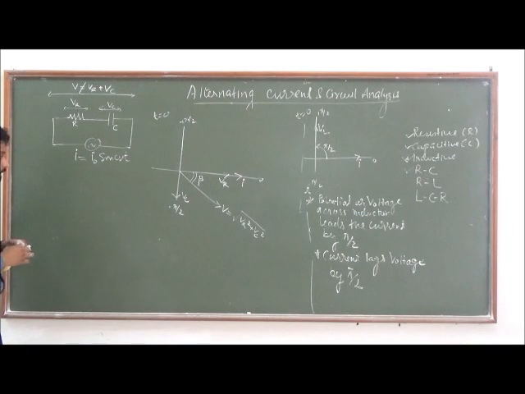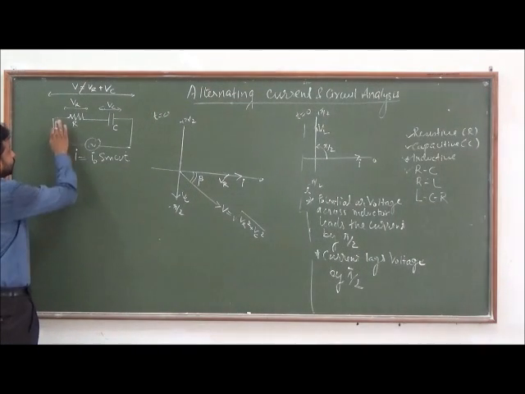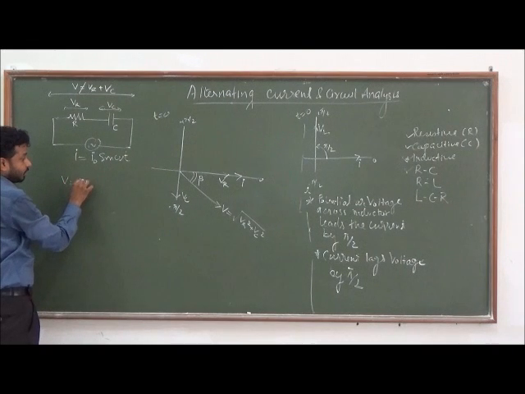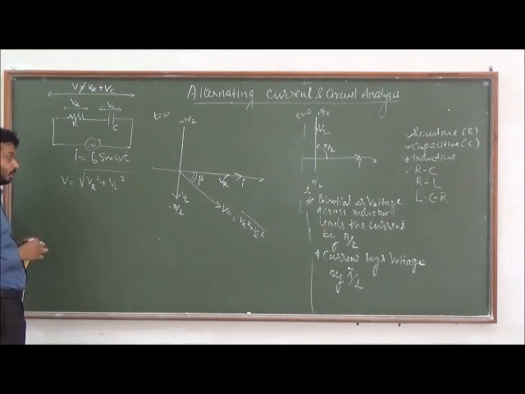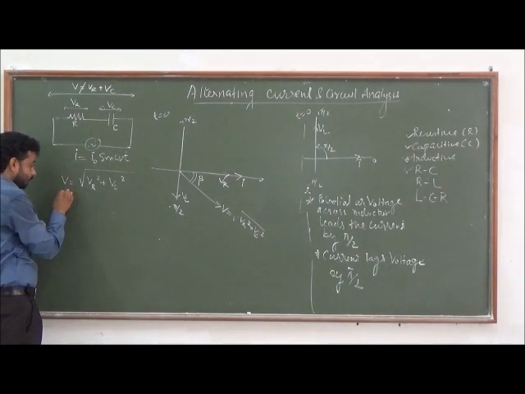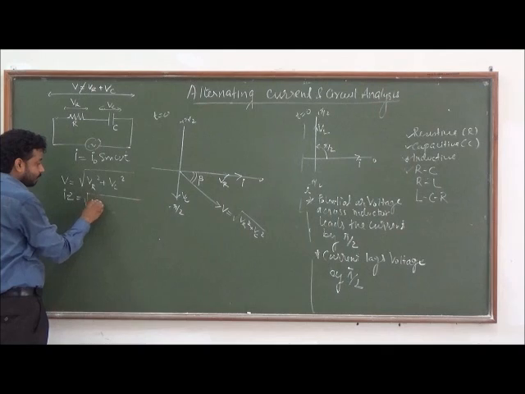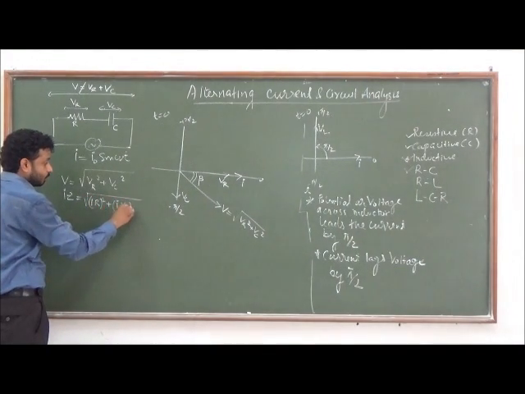Let us try to understand the mathematics over here. If I write the net potential across both of them as V, then we found that V can be given as the root of VR square plus VC square. In the form of resistance, I can write this as I times Z equals root over I times R the whole square plus I times XC the whole square.